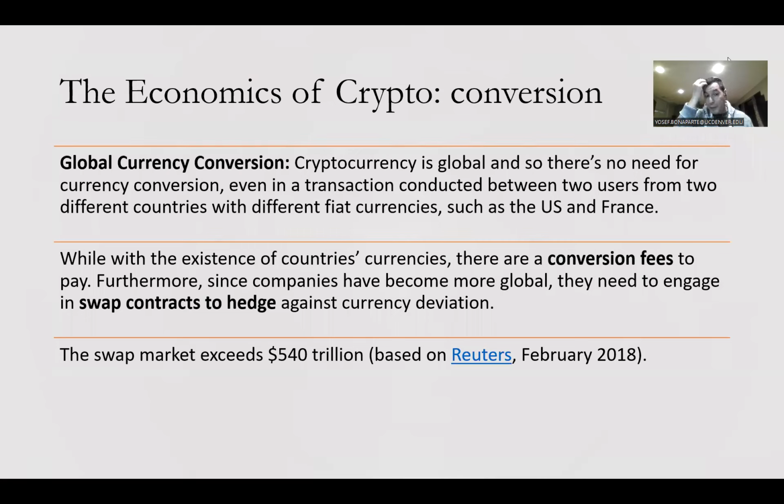And then the third point about the economics of crypto is conversion. For example, most of the economies as of today are international-based economies. There is international trade. And we saw the war between Russia and Ukraine, how wheat became expensive. When any two countries make a transaction, they have to decide on the currency.